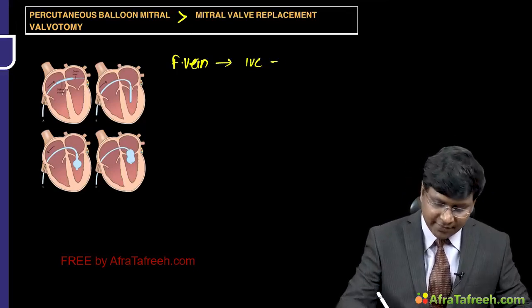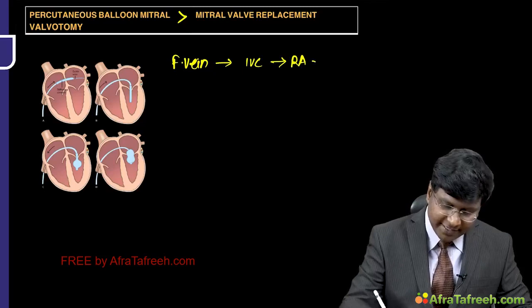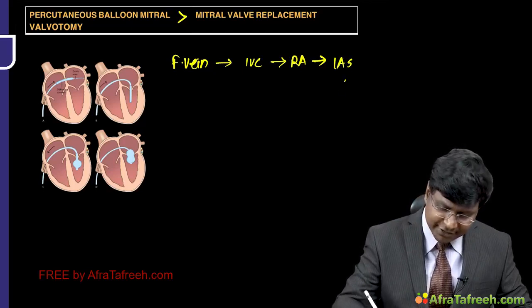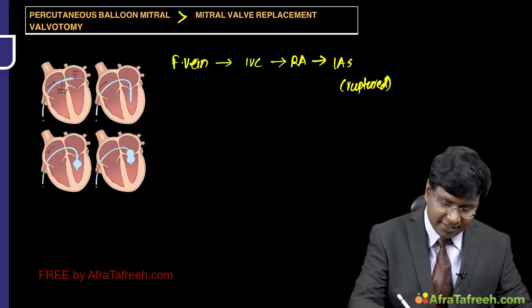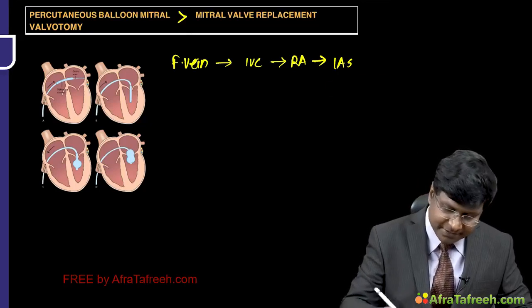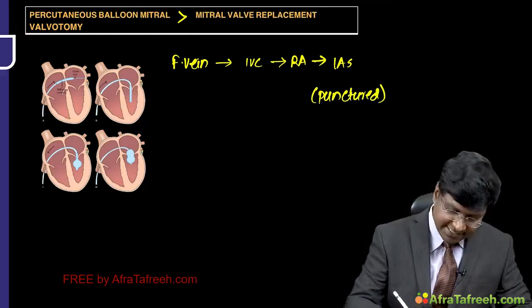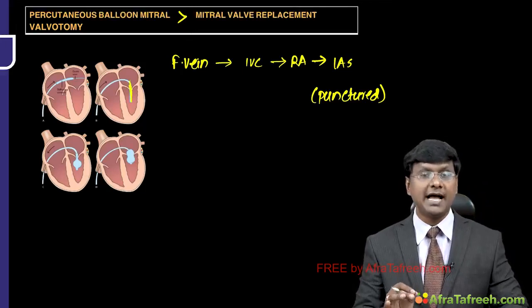And from the inferior vena cava, the catheter enters the right atrium. And from the right atrium, the interatrial septum is, sorry, not ruptured, it is punctured, right? After puncturing of the interatrial septum, this catheter is brought across the mitral valve apparatus, right?